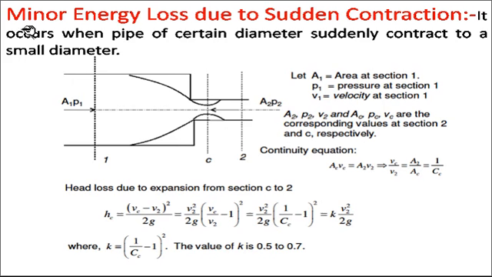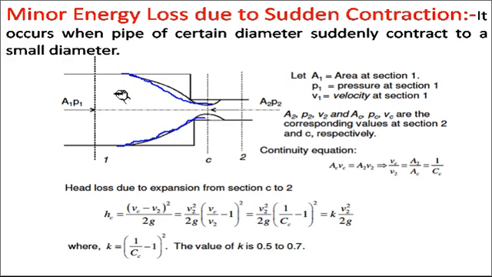Now to derive the equation for minor loss due to the sudden contraction, we are not going to apply the impulse momentum equation, because from the diagram you can observe that at section 1 and at section 2 the streamlines are converging. The streamlines are continuously converging to enter into the second pipe, from section 1 to section 2.